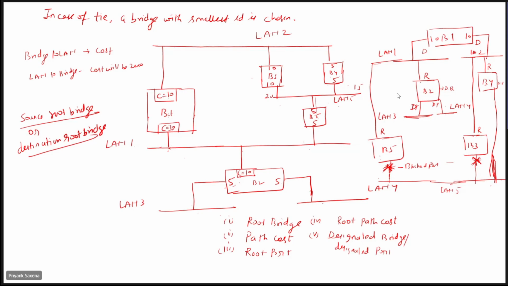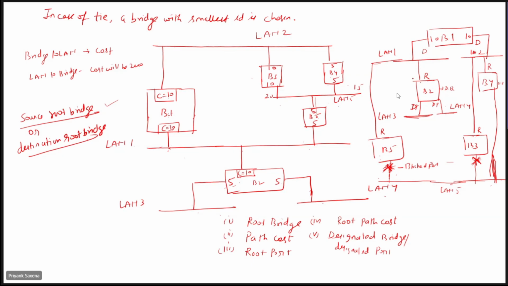Now, there are some definitions, right? So root bridge, see why it is referred to as a source root bridge, because you will be reaching from this bridge to all other things, right? When I will say the destination root bridge, this bridge will be the last, right?